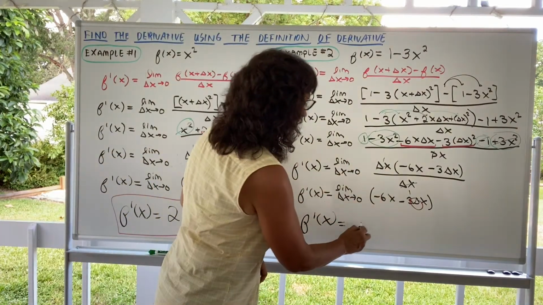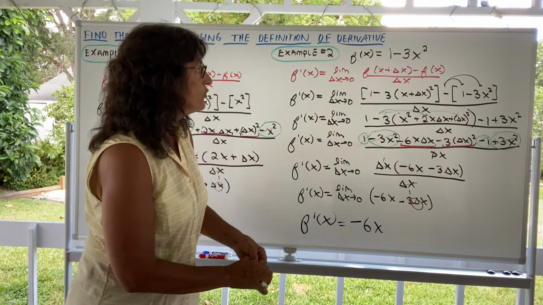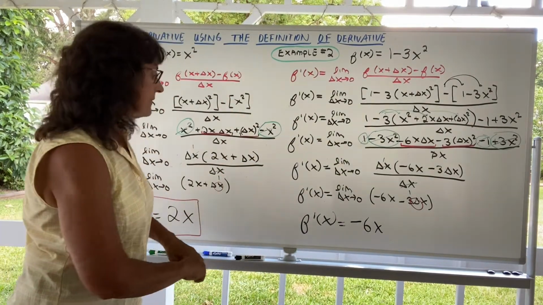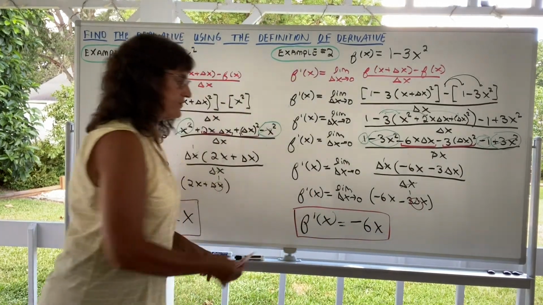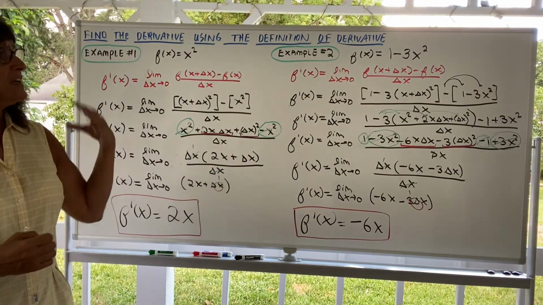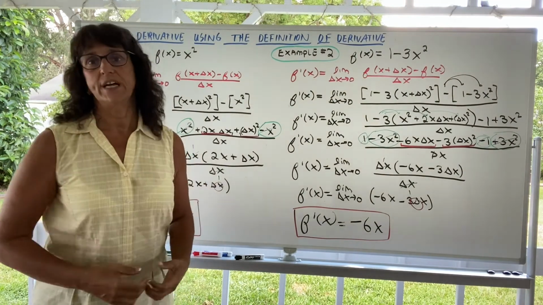After we take the limit, negative 6x, there is the derivative for the function 1 minus 3x squared. So the derivative is negative 6 times x. So this is how you would algebraically, step by step, apply the definition of derivative to a quadratic function.